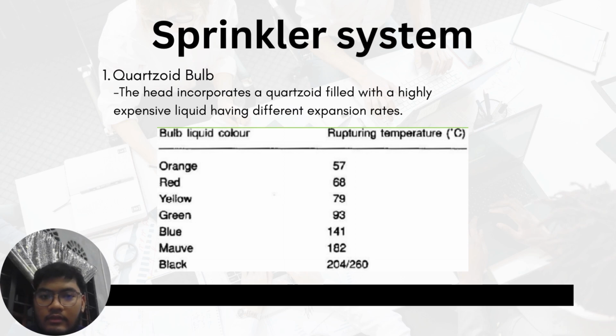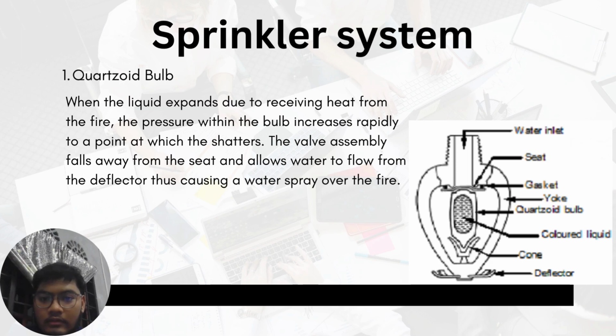The first one, quartzoid bulb. The head incorporates a quartzoid bulb filled with a highly expansive liquid having different expansion rates. You can see that there is a picture that shows the liquid and their rupturing temperature. The quartzoid bulb works when the liquid expands due to receiving heat from the fire.